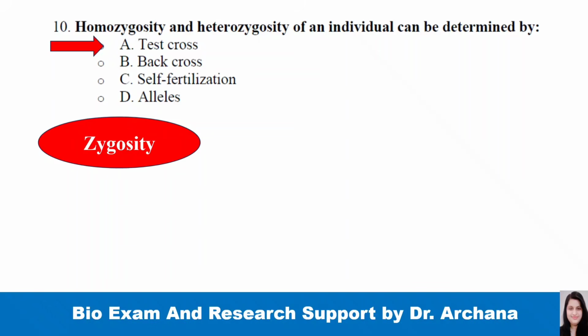If offspring show both dominant as well as recessive traits, in a 1:1 ratio, the individual is heterozygous. So either they will be homozygous or heterozygous, and you can easily identify by the test cross, in which the individual whose genotype is not known is crossed with the homozygous recessive.